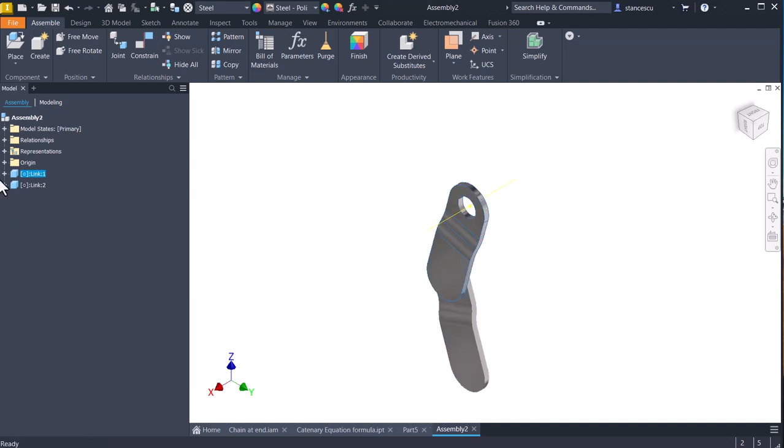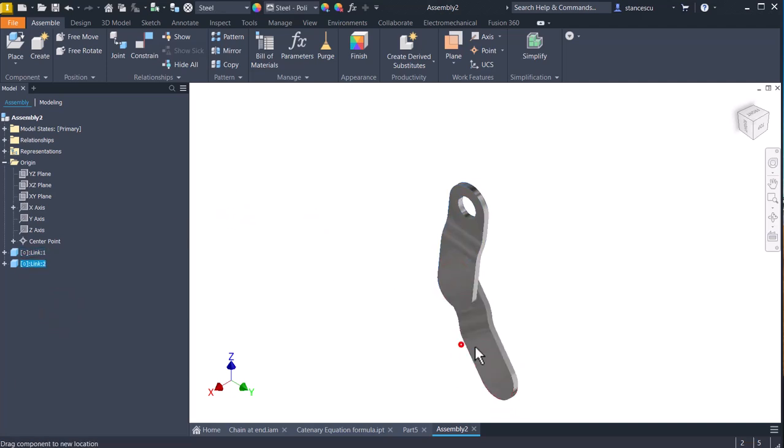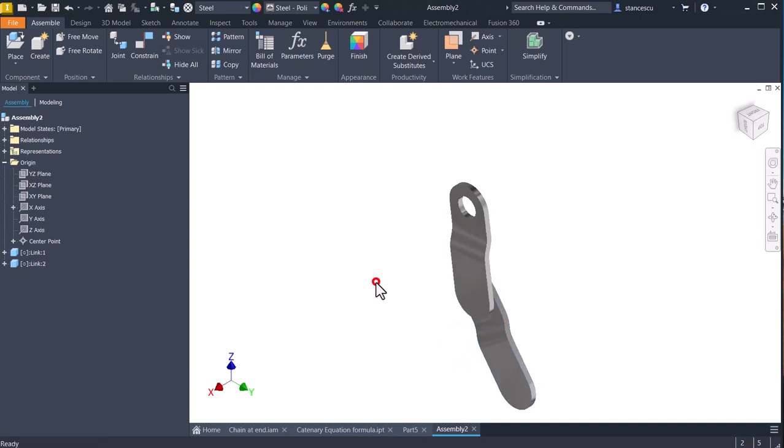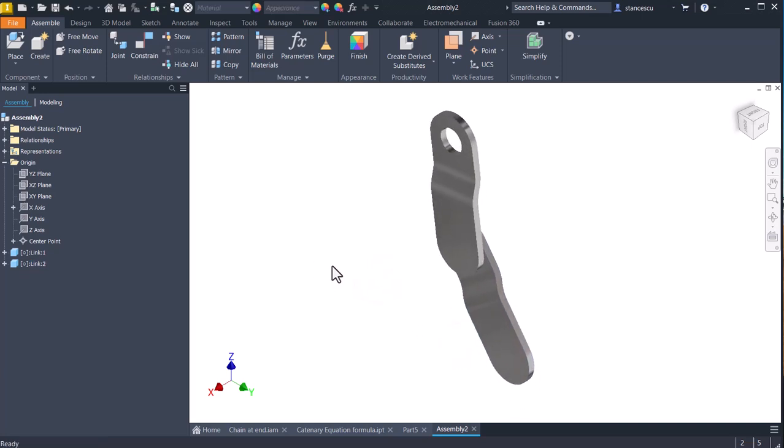Good. I hide that visible work planes and work centers, and now we have a very nice combination of the first two links.